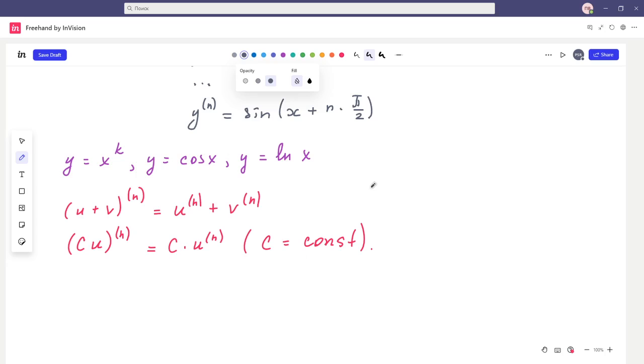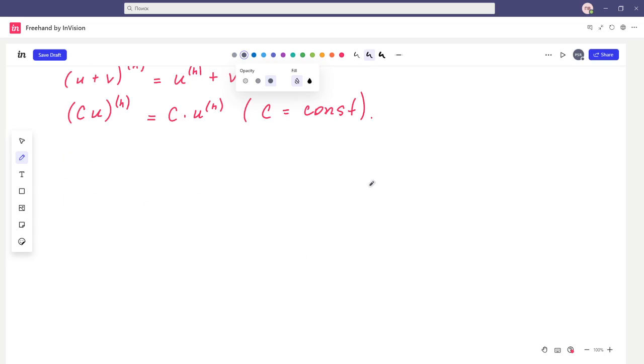Let y is u times v. y prime will be u prime v plus u v prime.